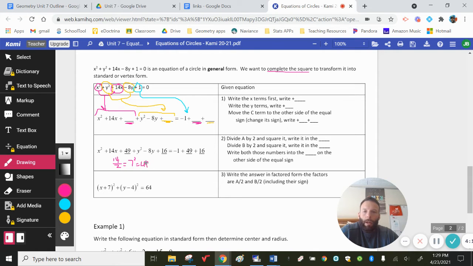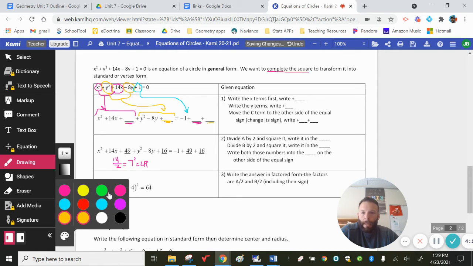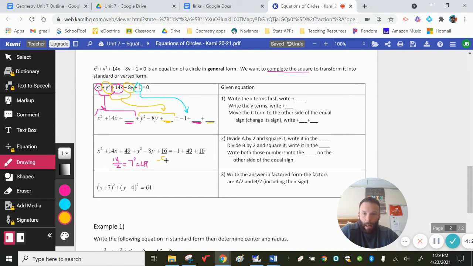Likewise, I'm going to take my b term, which was the 8 or the negative 8. It doesn't really matter, because if I take my negative 8 and divide it by 2, then you get negative 4. But we're going to take this value and square it. And whether it's positive or negative, when you square it, it's going to be a positive 16.